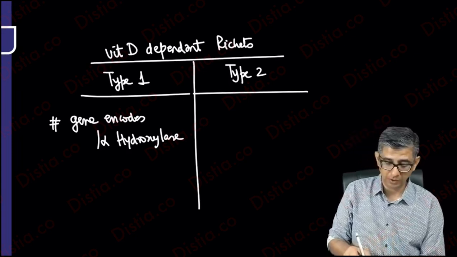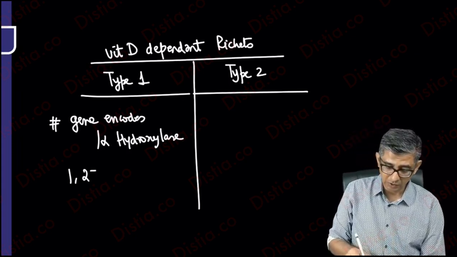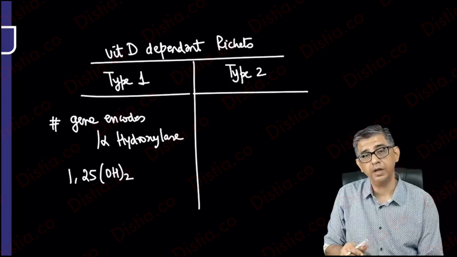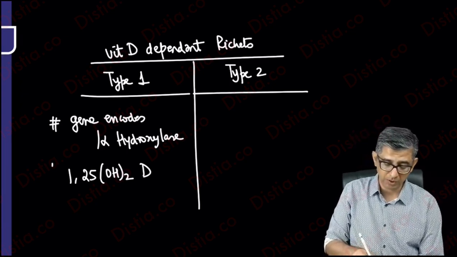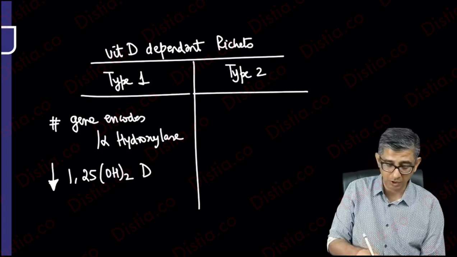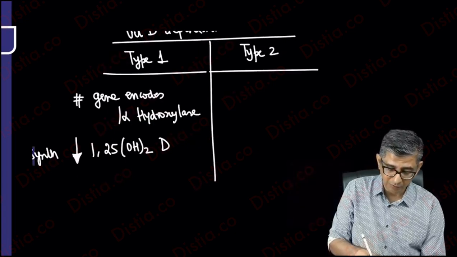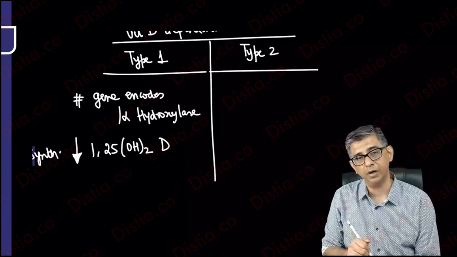As a result, the synthesis of 1,25 dihydroxycholecalciferol, the active form of vitamin D, will be relatively lesser. Why? Because the gene which is responsible for doing its job is not working properly.